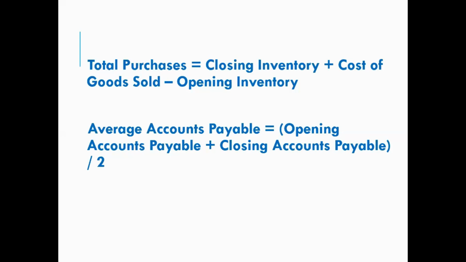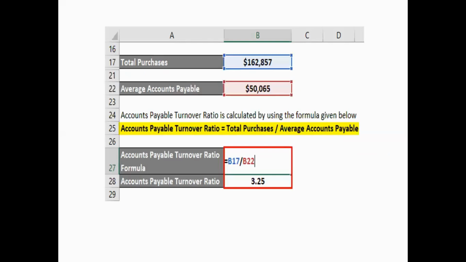And average account payable formula is opening account payable plus closing account payable by 2. Here is the way we calculate account payable turnover ratio.